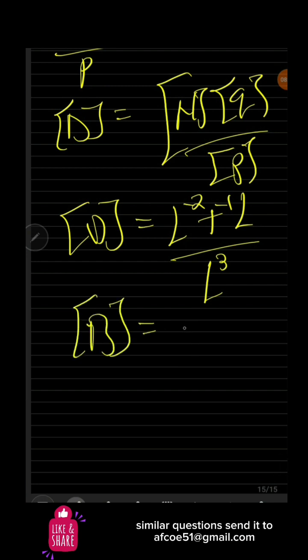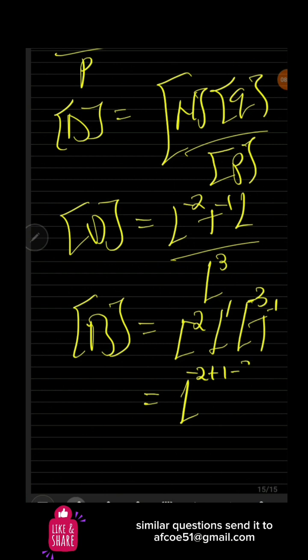So this one I can take up: there will be L to the negative 2, this one is L to the 1, and this other one is L to the negative 3, then T to the negative 1. If we add these quantities, we'll be having L to the negative 2 plus 1 minus 3, T to the negative 1, and this gives us L to the negative 4, T to the negative 1.